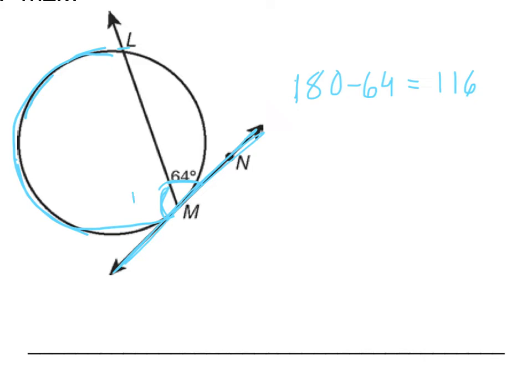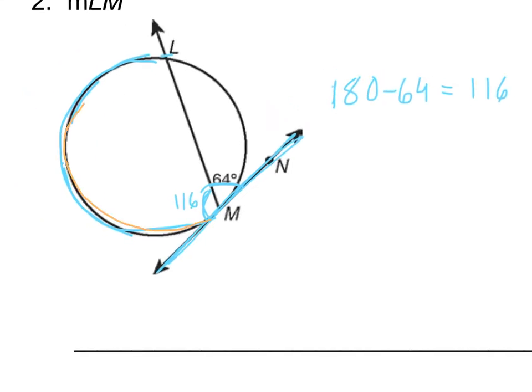Now when we go from the angle to the arc, we multiply times 2. So 116 times 2, which is 232. So arc LM is 232 degrees.